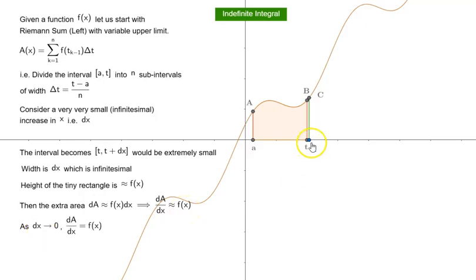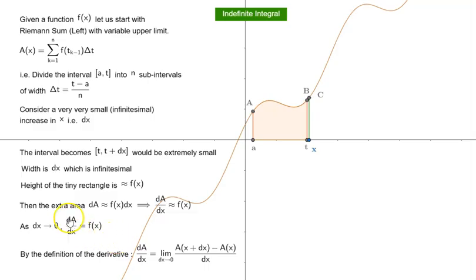Take x closer and closer to t. Which means as dx tends to 0, dA by dx becomes equal to f of x. By definition of the derivative, we know dA by dx is equal to the limit as dx goes to 0 of A of x plus dx minus A of x, divided by dx.